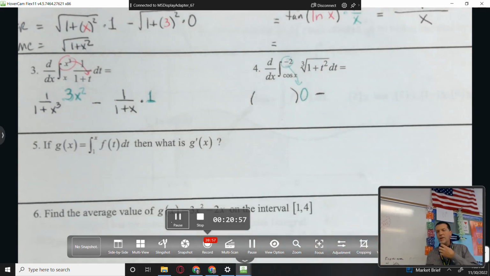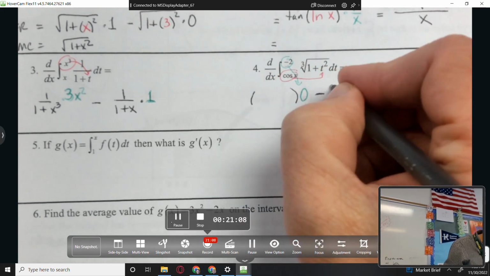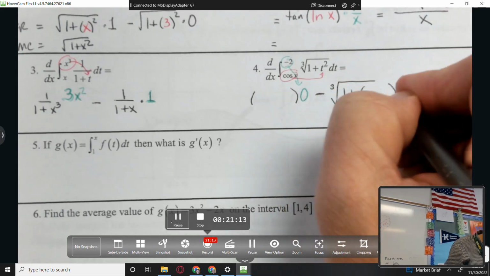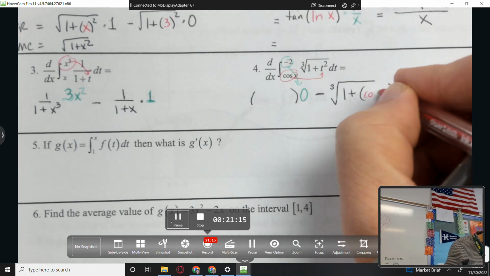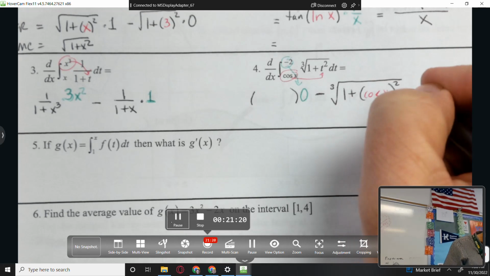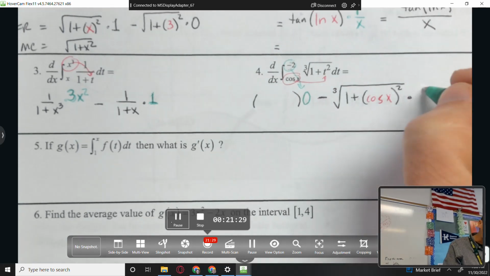So I'm not even going to mess with it. I know I'm multiplying by 0, so pass. But it does mean I'm subtracting the second one. It's a weird one. The cube root of 1 plus cosine x squared times, let's see, the derivative of cosine is negative sine x.